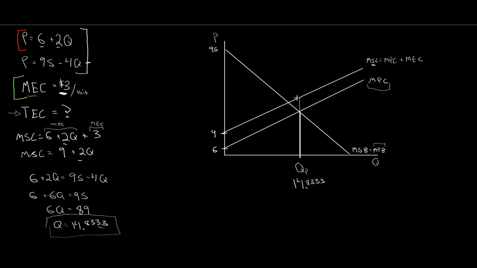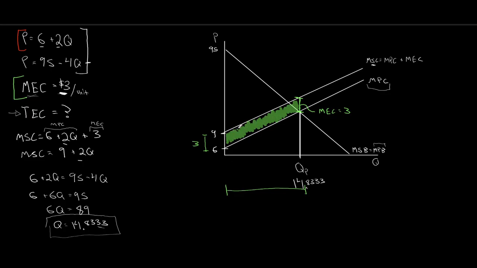Keep in mind what is going on. This vertical distance between these two curves here, that is my marginal external cost. That is 3, right? We see that here, 9 to 6, that's 3. So I have this extra cost of $3 per unit over 14.83333 units. Well, that is this difference between the two all the way up to my quantity private.